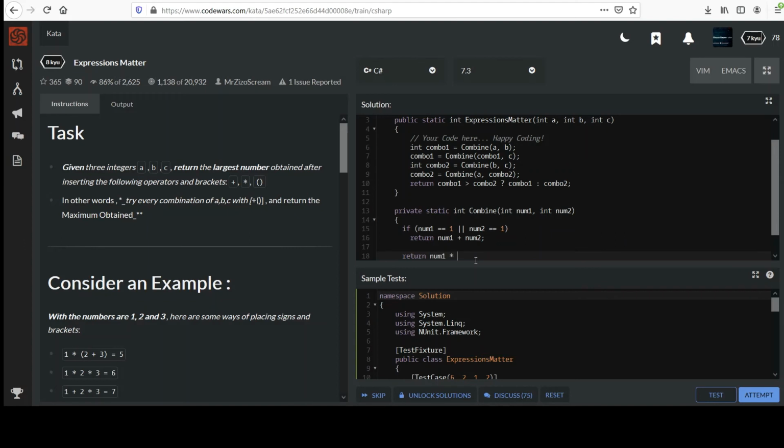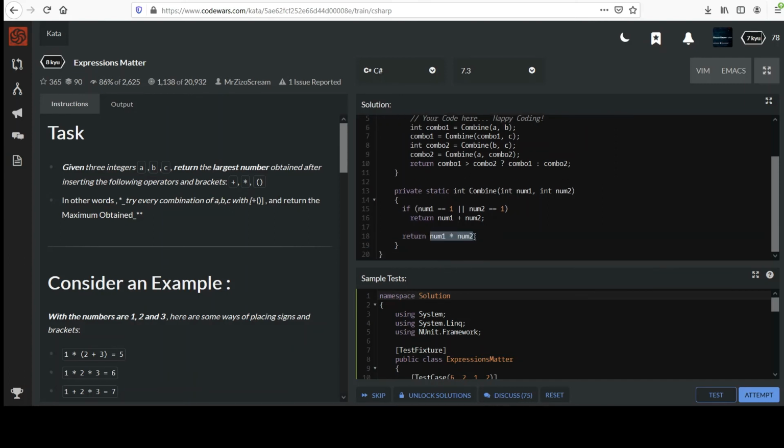And back to what I had started saying before I stopped myself earlier, you could imagine 2 and 2 is a case where multiplying them and adding them is the same result. 2 plus 2 is 4, and 2 times 2 is 4. But that fact doesn't hurt us doing this. So it's fine. If we get 2 and 2 and we multiply them, it's not like we missed anything by not adding them.